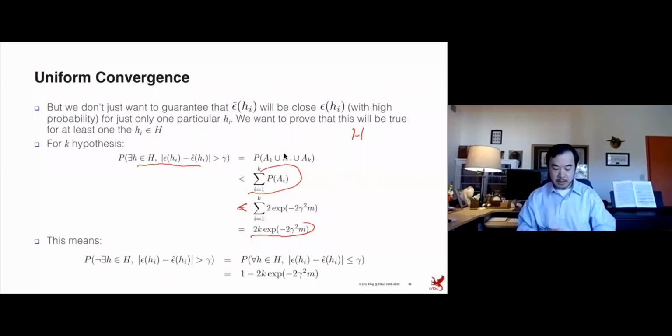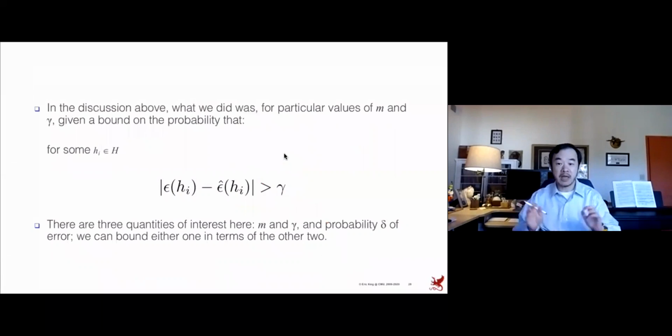But this also means that the converse can be computed, that the probability that there are no bad hypotheses is going to be very high, 1 minus this small number. Okay, meaning that all the hypotheses trained this way are good.